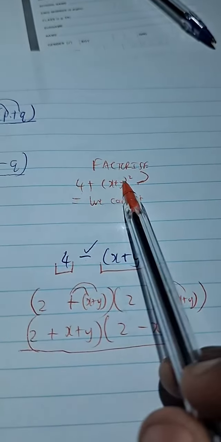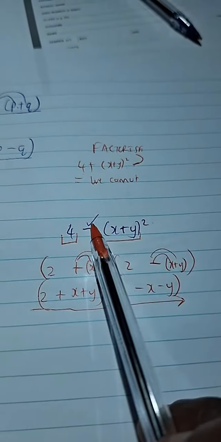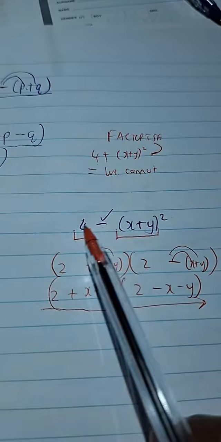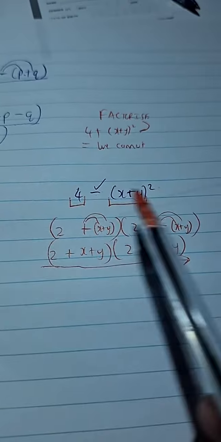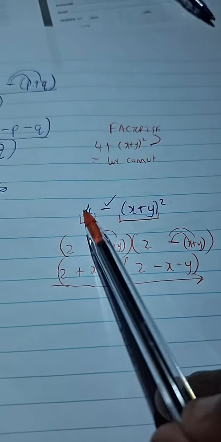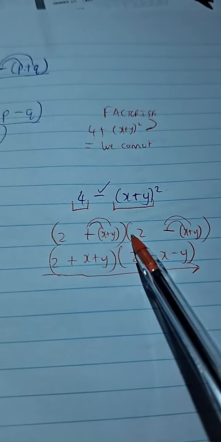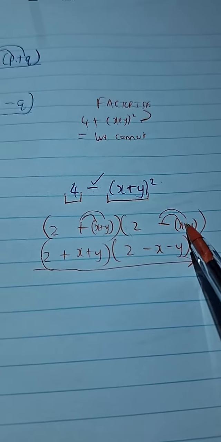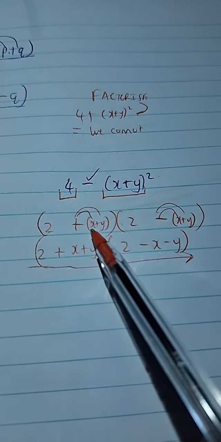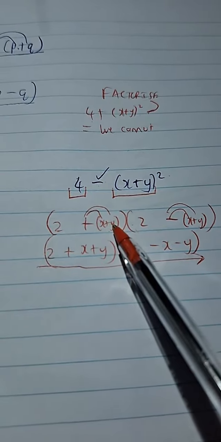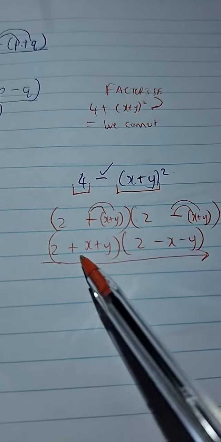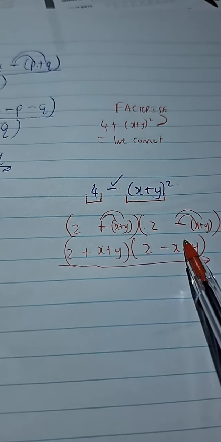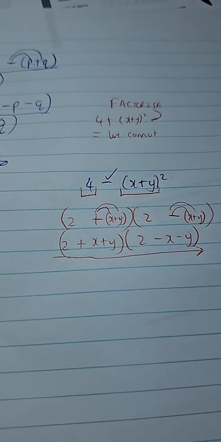The addition of 2 squares, we don't factorize. But the difference of 2 squares, you factorize by opening 2 brackets. You take the square root of the first term, you write the first term in each bracket. You take the square root of the last term, you write the last term in each bracket. And then if it's a binomial like this, a binomial term inside the bracket, you distribute the sign so that eventually you can get the simplified form in each bracket as your answer.